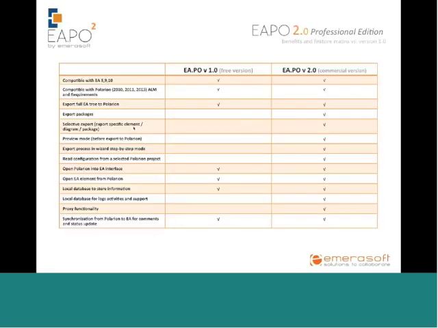This new plugin has many additional features compared to the first version. This table collects some benefits and feature metrics versus the previous version. Basically, the first version wasn't able to export the packages inside the Enterprise Architect structure.